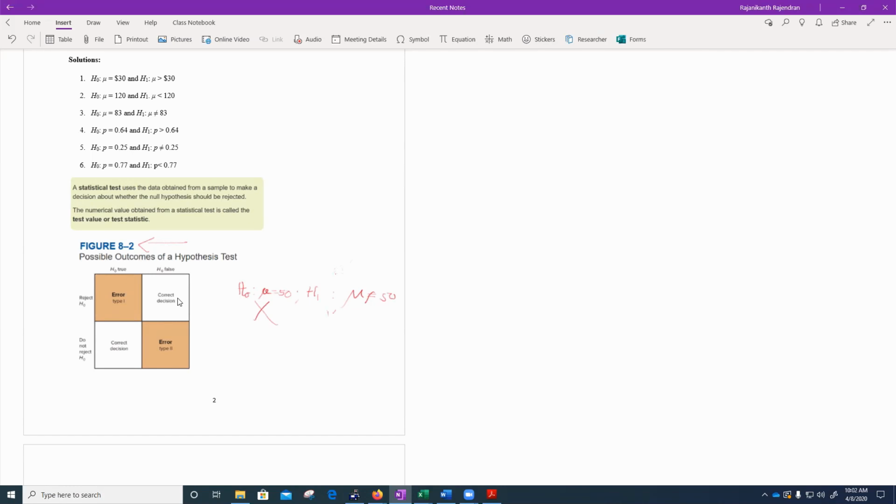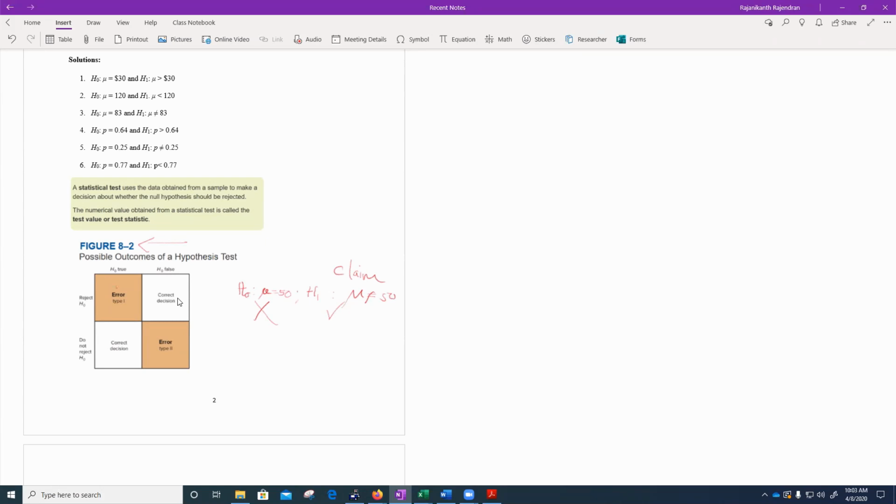Remember, the alternate hypothesis is my claim. H naught was really correct, but according to the work you did, you came up with the decision that you are rejecting H naught, but actually it was true. This type of mistake is called the type 1 error. While H naught is true, you are rejecting H naught.